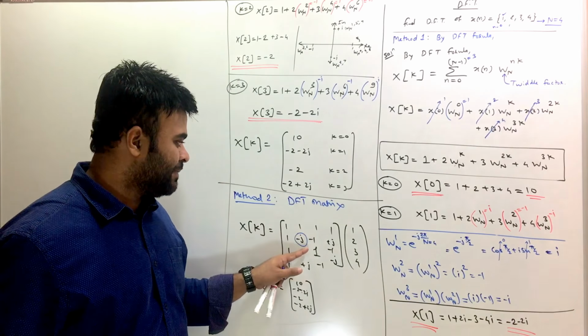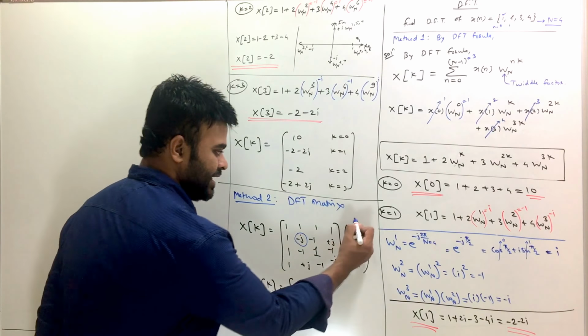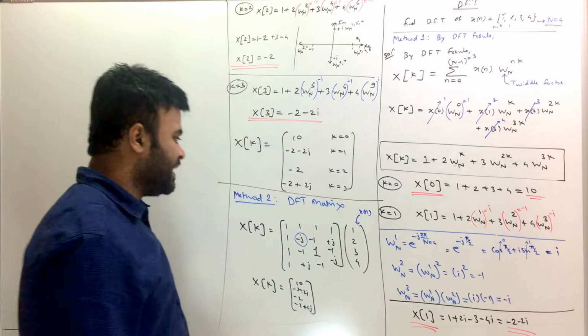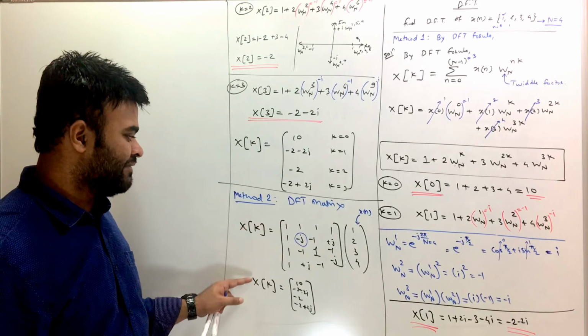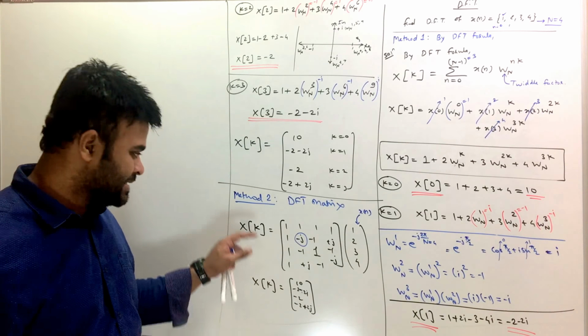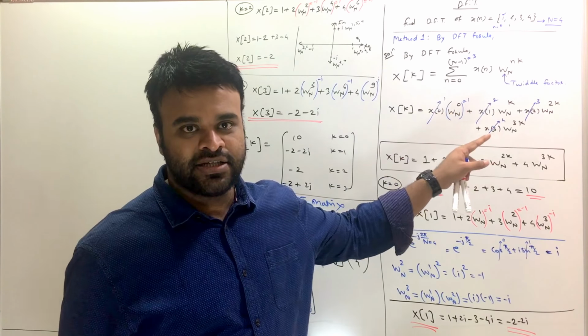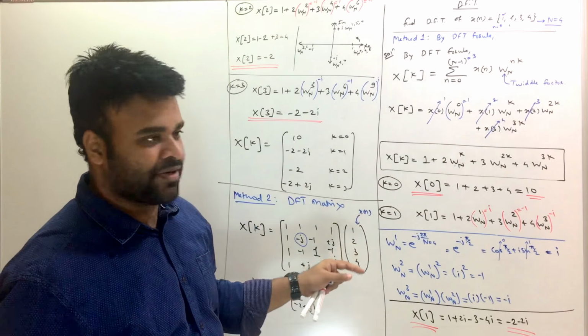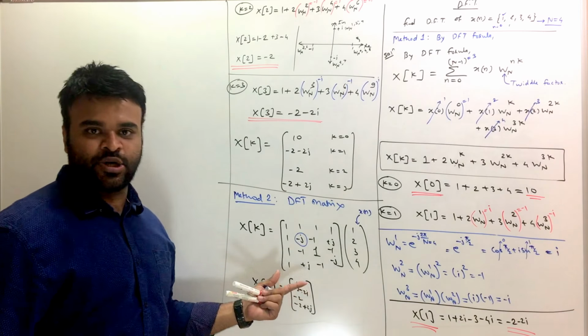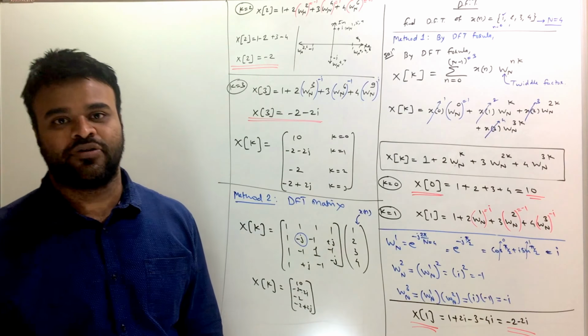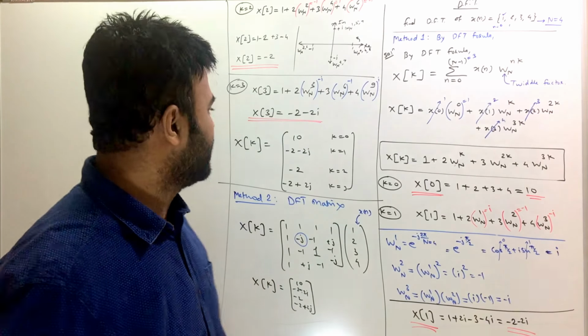Now once you get the DFT matrix, just multiply it with your x of n, which is given, and you will get the value of xk. Yes, a lot simpler. But this matrix is derived from the original formula of DFT anyway. So maybe if it is a 1 mark question, you can use this as a shortcut method to find the x of k of a given x of n. Okay, so that's method 2.